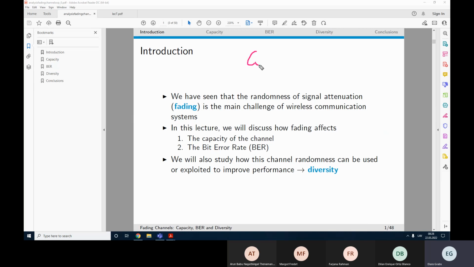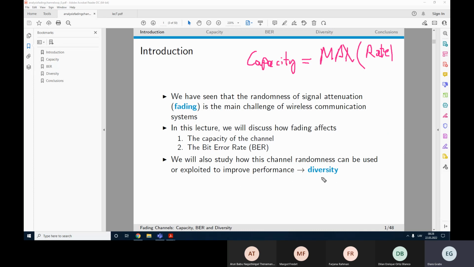So we can say that capacity of the channel is the maximum data rate that can be achieved in this channel. So the actual data rate is always below this capacity, and that's why it's called capacity.